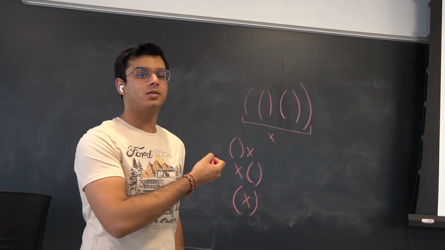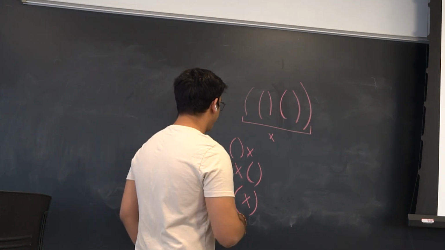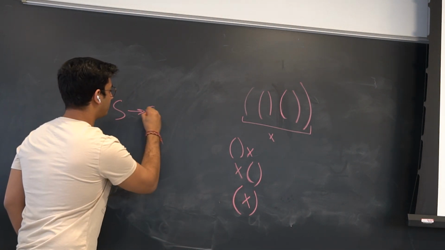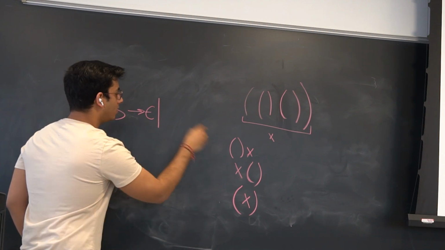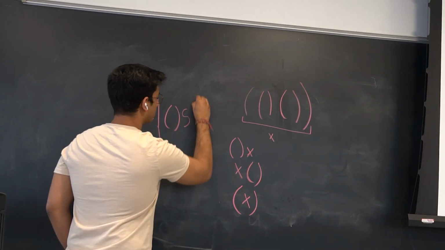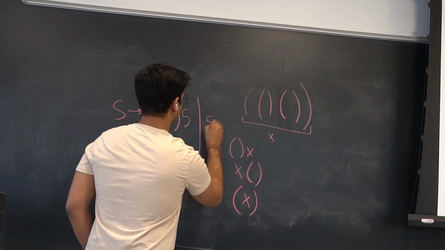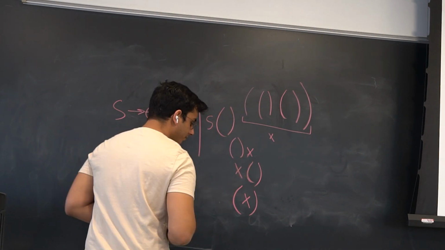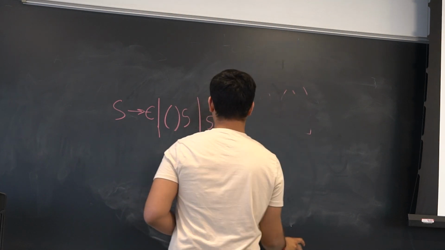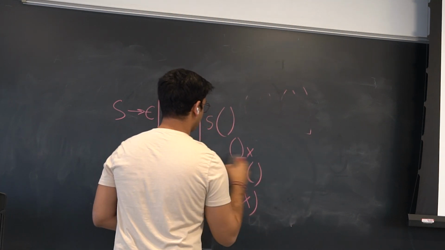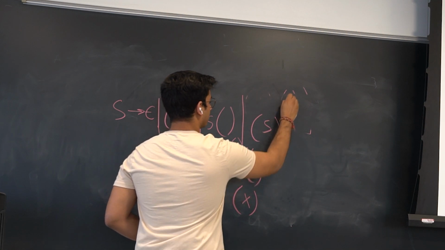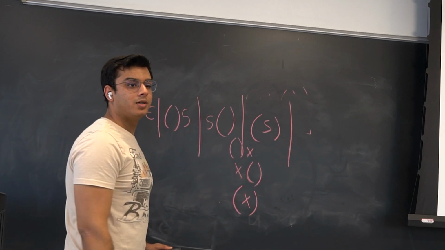Is this the set of production rules? Like, if I say S leads to epsilon, does this give me the set of properly nested parentheses?